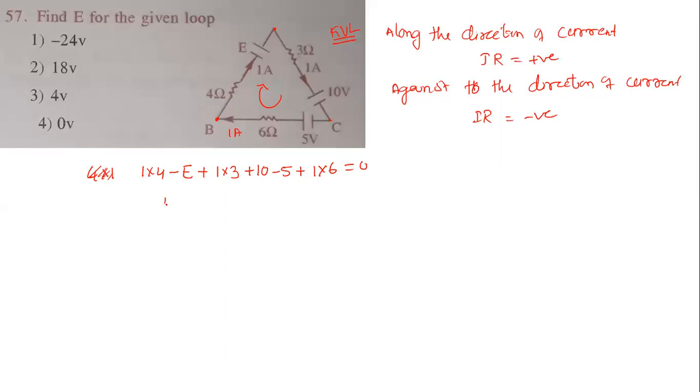Okay, so it will be 4 minus E plus 3 plus 10 minus 5 plus 6 equal to 0. Look at this now. 6 plus 4 is 10, 10 plus 10 is 20, 20 plus 3 is 23, 23 minus 5 is 18, right? So minus E plus 18 is equal to 0.